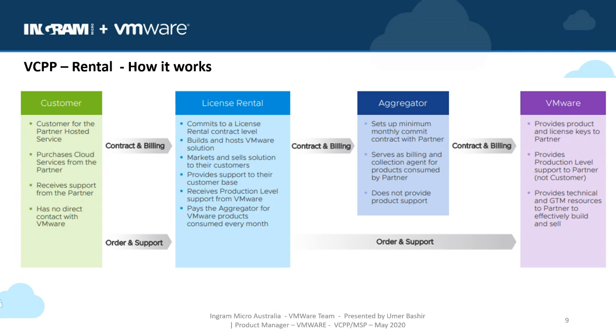One of the key selling points for this program is the rental portion, which helps you optimize your investments. On the perpetual model, there'll be a huge investment to start with, but when you're going for a rental model, you'll be paying every month on what you use.